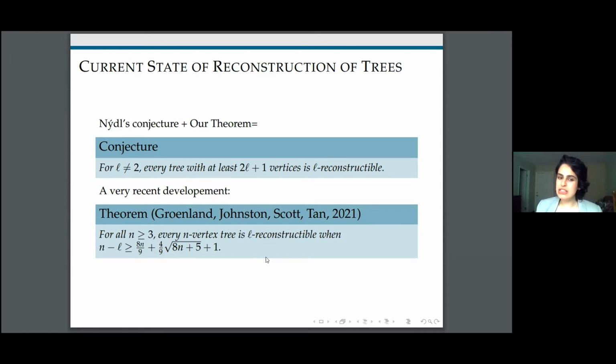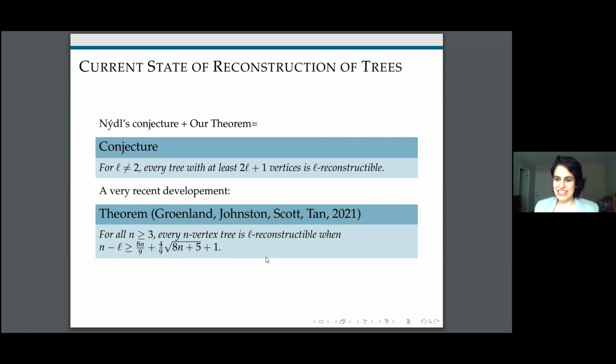A very recent development is this paper by Groenland, Johnston, Scott, and Tan. They obtained a very interesting result about general L. They're saying basically if each card is at least this size in terms of n, then the tree is going to be L-reconstructible. So this bound is far from what we think is the sharp bound, which is 2L plus 1 because of Needle's conjecture.